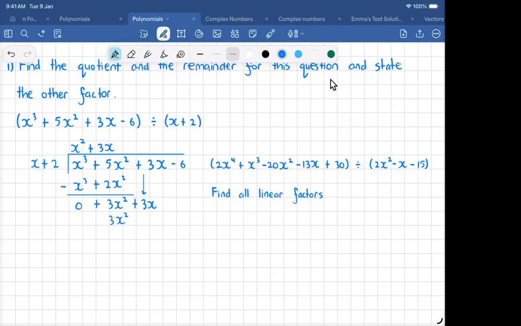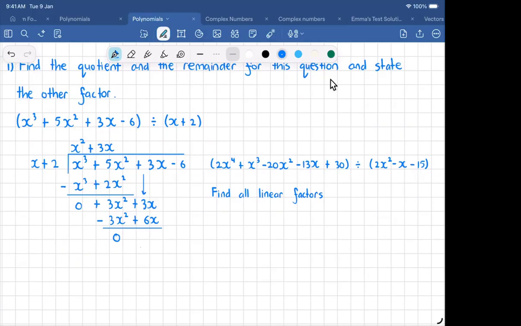What am I going to get? 6x. Then I'm going to do what? Then you minus the 3x squared by each other, that'll be 0. Then the 3x by the 6x is 3x. Positive or negative?